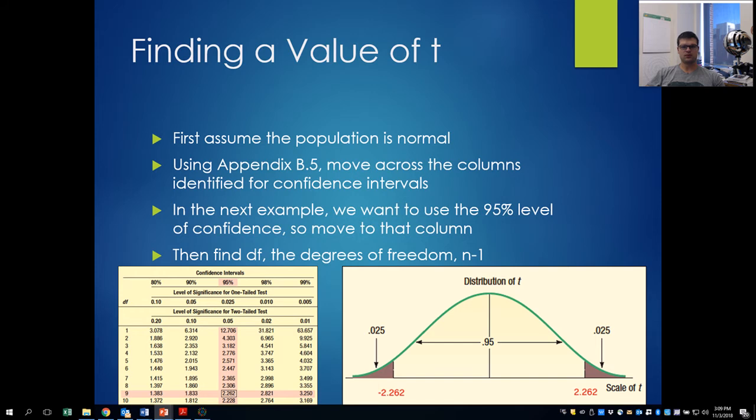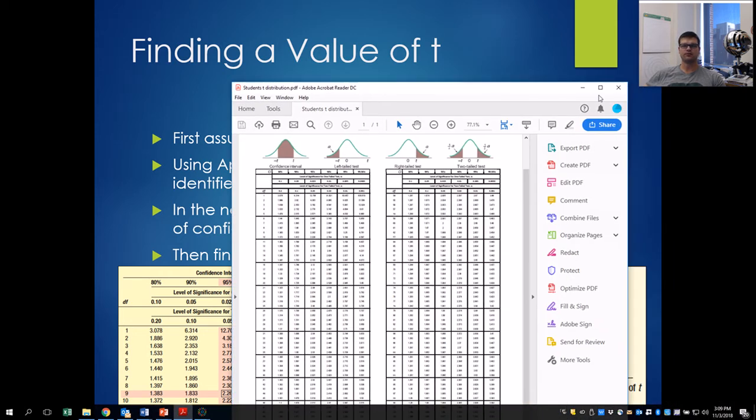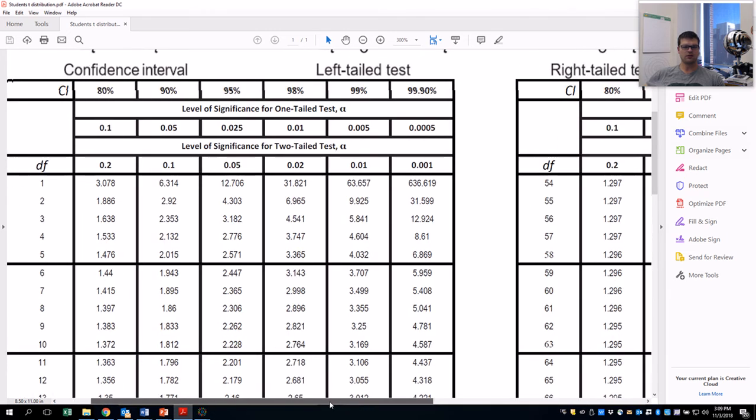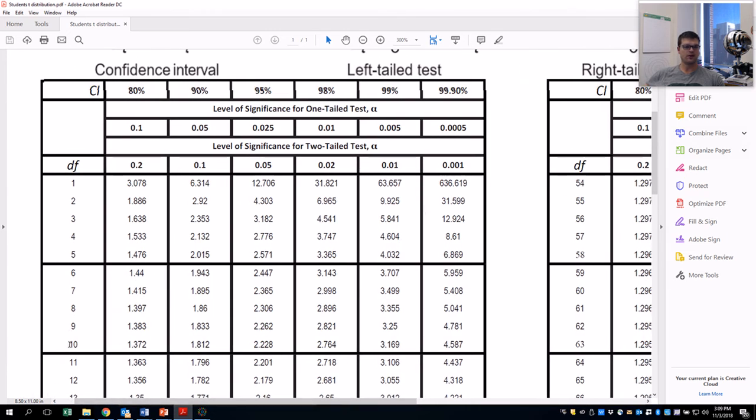Okay, first, to calculate the degrees of freedom, it is the number in the sample minus 1. So degrees of freedom is n minus 1. If you have 10 individuals in your sample, you come down here and find degrees of freedom, but it's not 10, it's 10 minus 1, so degrees of freedom is 9.